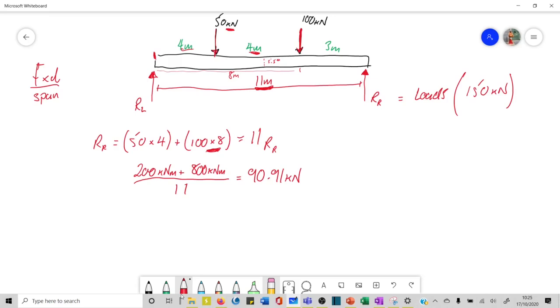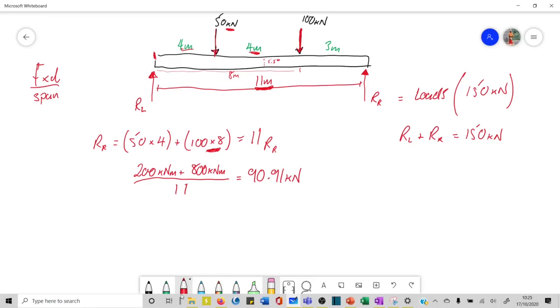Okay, so we know that both reactions, RL plus RR, equals 150 kilonewtons. That's the total amount of load that we've got.